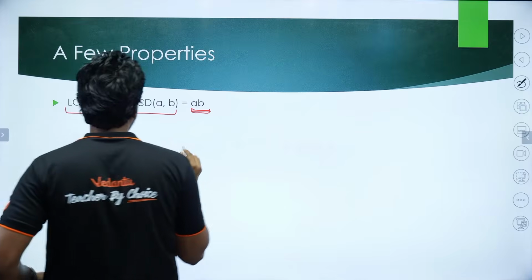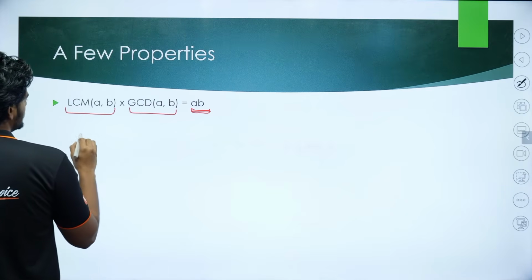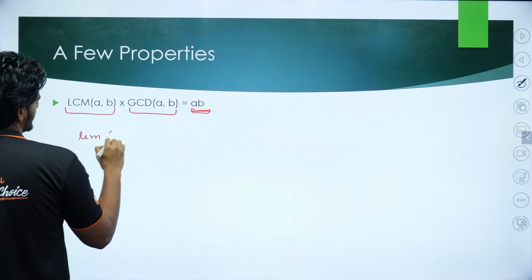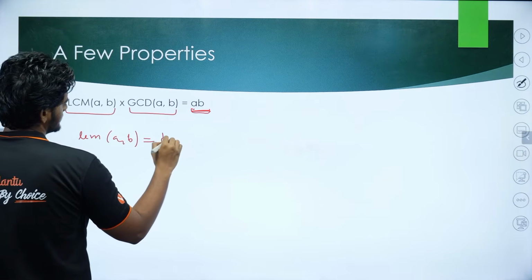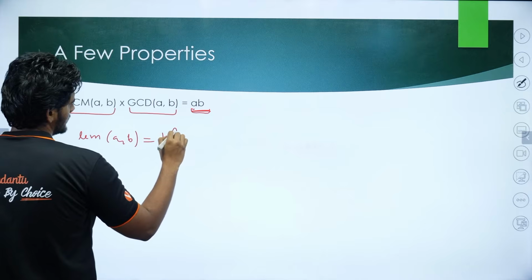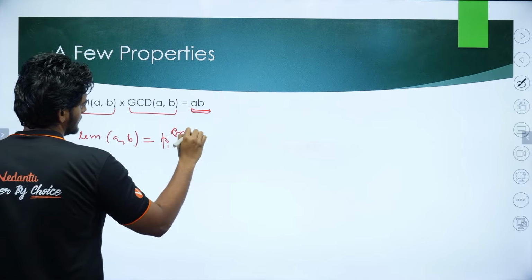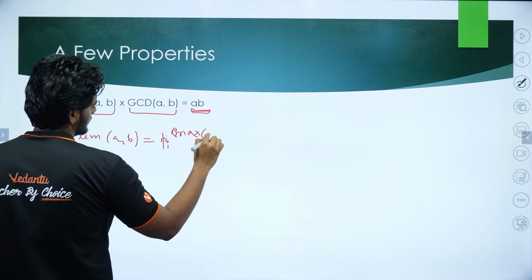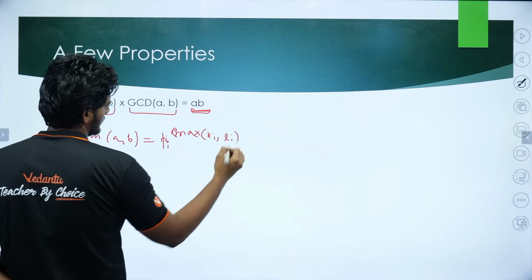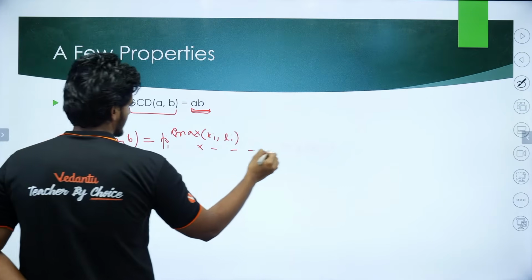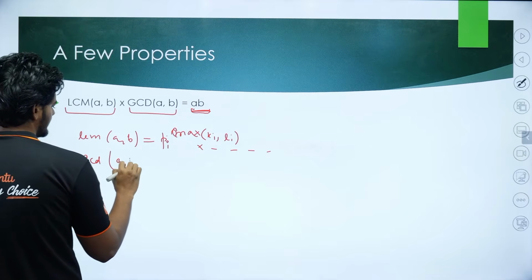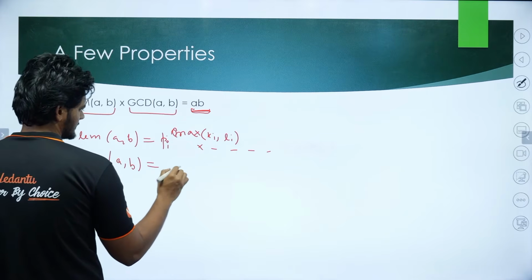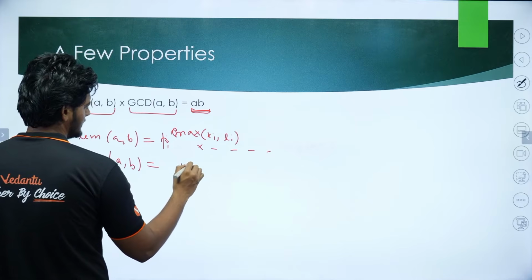That is very interesting, because since we know that LCM of A comma B takes the maximum of the powers, its product is the LCM, and GCD of A comma B is the product of Pi's to the minimum.